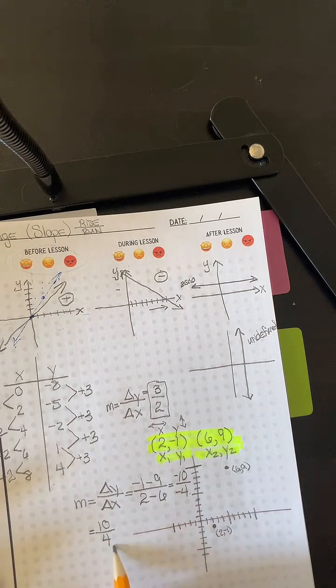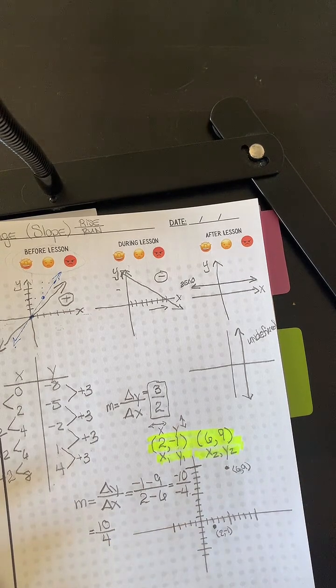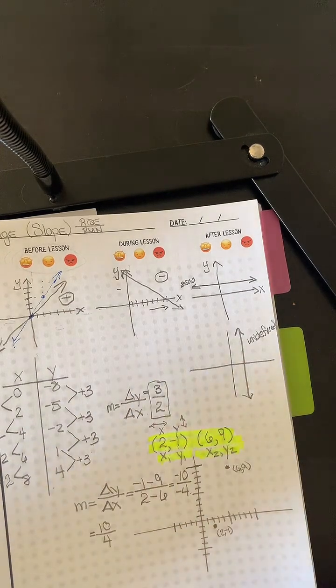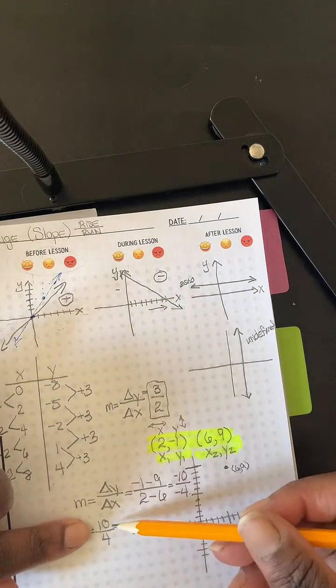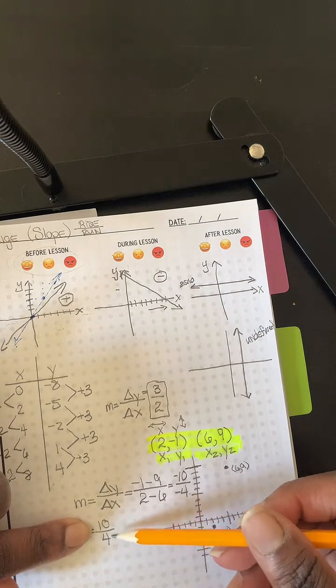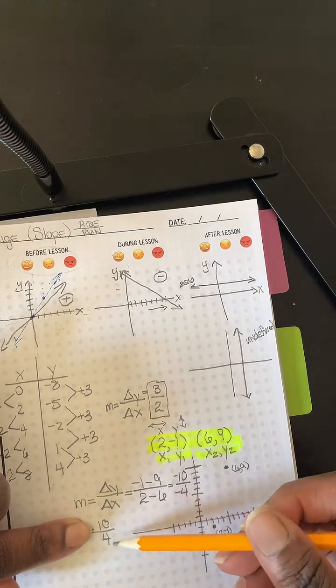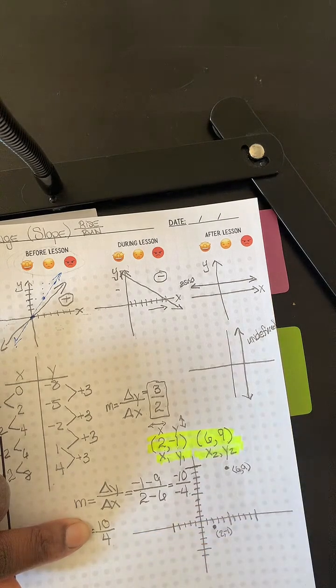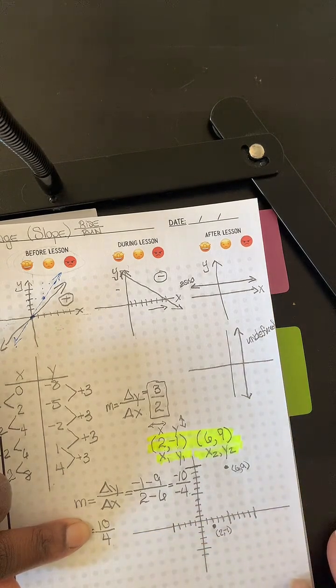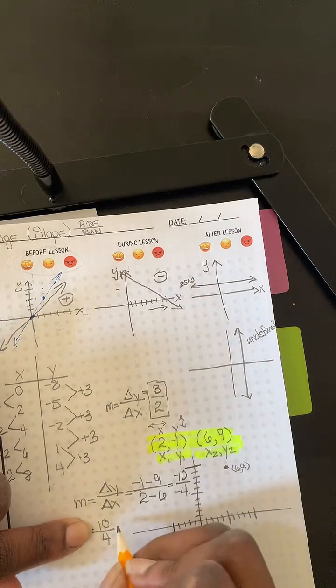But 10/4, they're both even. Especially those who are going to be working with ASVAB and GED, they always have fractions on there. The way that you reduce a fraction, you want to take a look: if they're both even, that means they could be divided by an even number. What's the first even number that pops in your head? Exactly, 2.